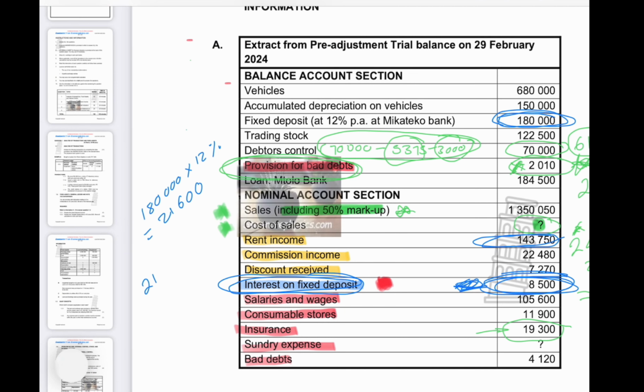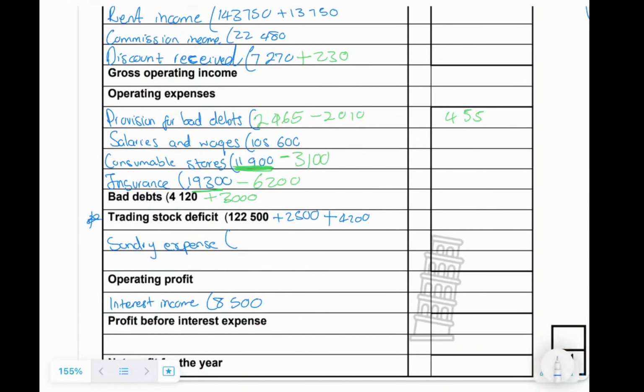So you're just going to say the amount of interest we had to receive minus the one we already received, which is the 8,500, and then you're going to get 13,100. Okay, so you have to add this amount. Remember, I said income statement, you account for the amounts that had to be paid or received in this year, no matter if we have received the amounts or not. So you go to your interest income and you have to add the 13,100.